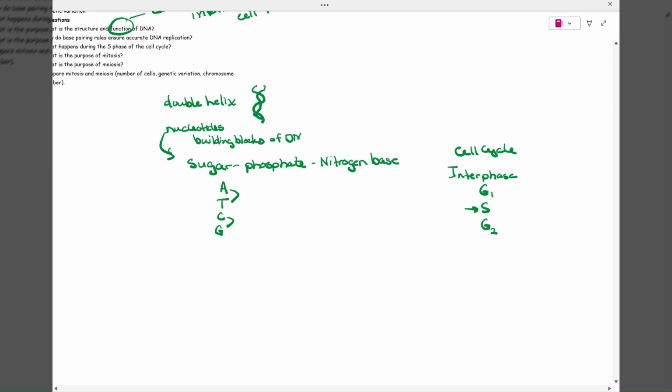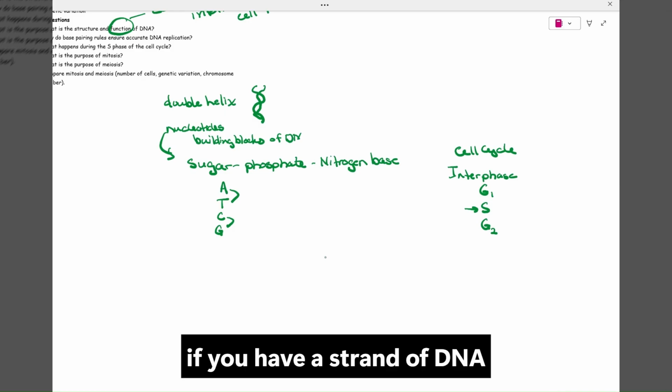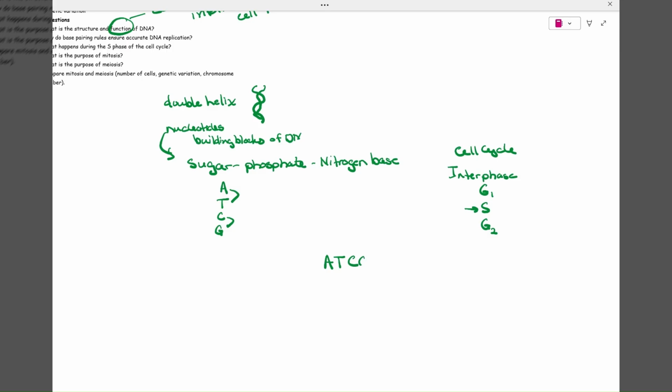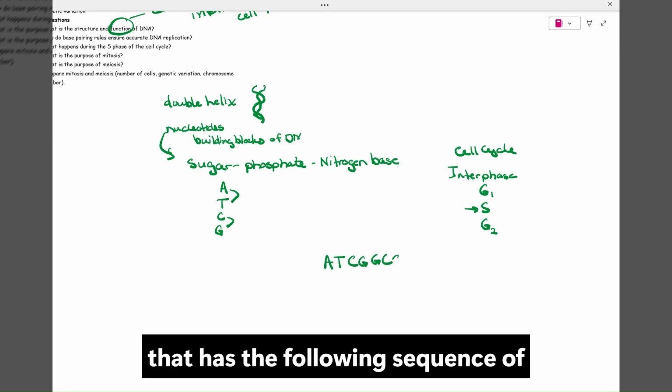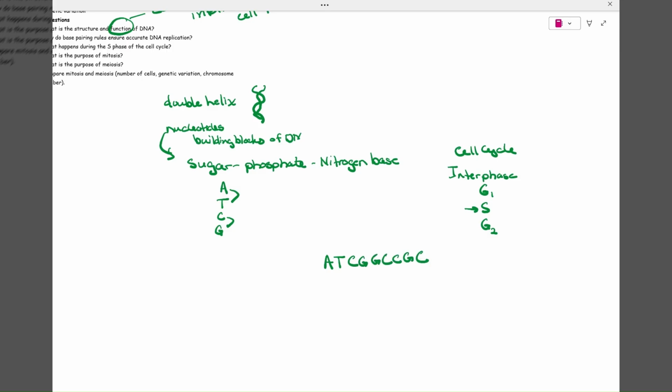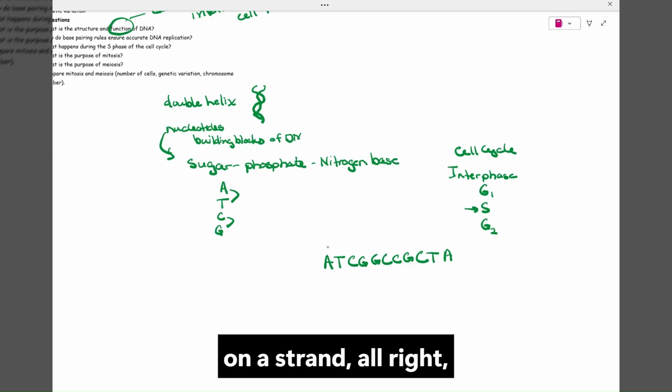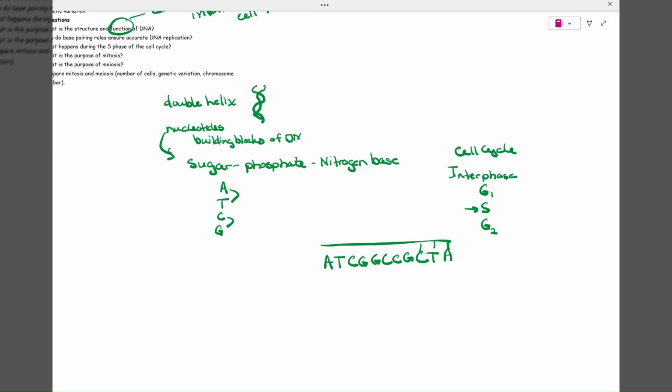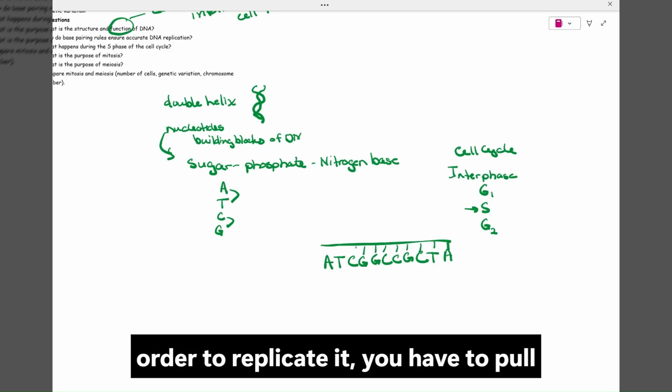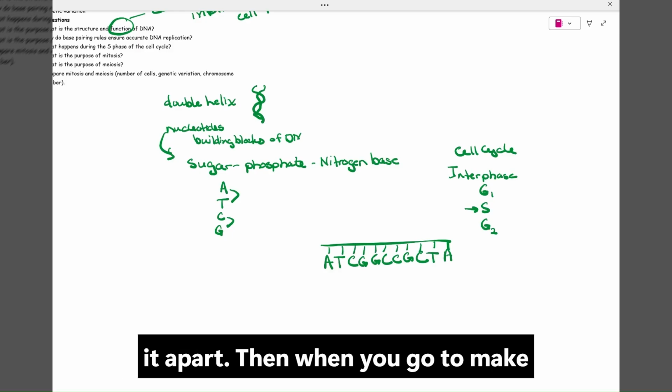Okay, so if you have a strand of DNA that has the following sequence of letters on a strand, all right, remember it's double stranded, but in order to replicate it, you have to pull it apart.